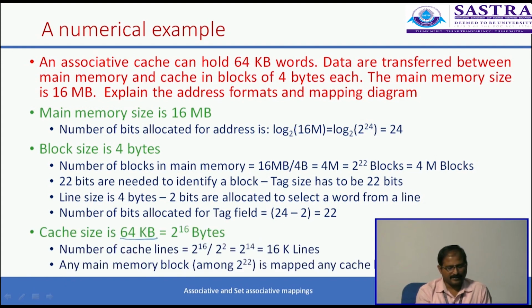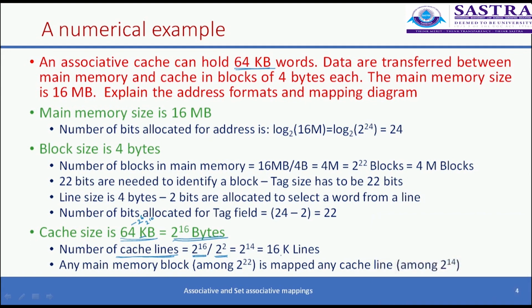Cache size is given as 64 KB. That 64 is 2 power 6 and K is 2 power 10. So, totally 2 power 16 bytes are available in the cache. The number of cache lines is equal to the size of the cache divided by a single line size.